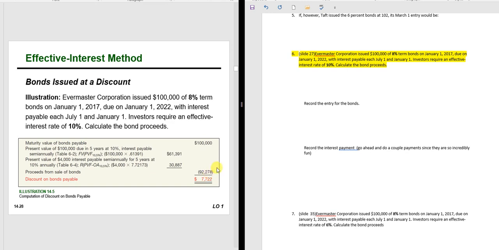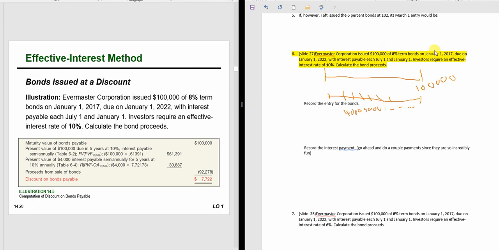Okay, so what I do is I use the present value tables. So I'm going to draw it out. Bear with me. So the cash flows are, they're going to pay back $100,000 at the end, on January 1st, 2012. And they're going to pay $100,000 times 8%, but I'm paying on July and January.